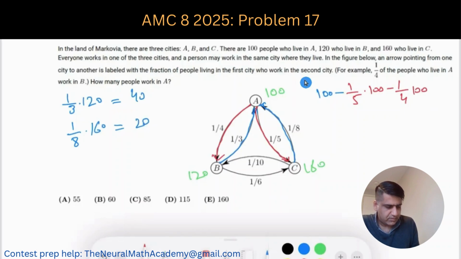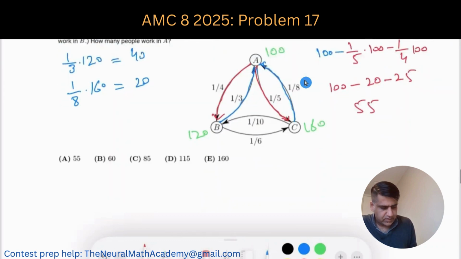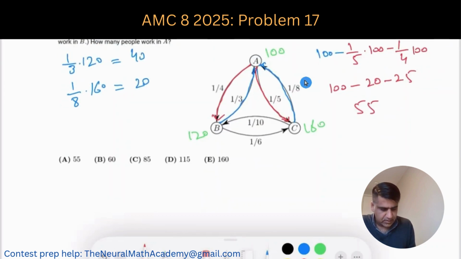So if I simplify, I would get 100 minus 20 minus 25. So that would be then 55. So now if I add all of that, I get 40 plus 20 plus 55. Then the answer is D.